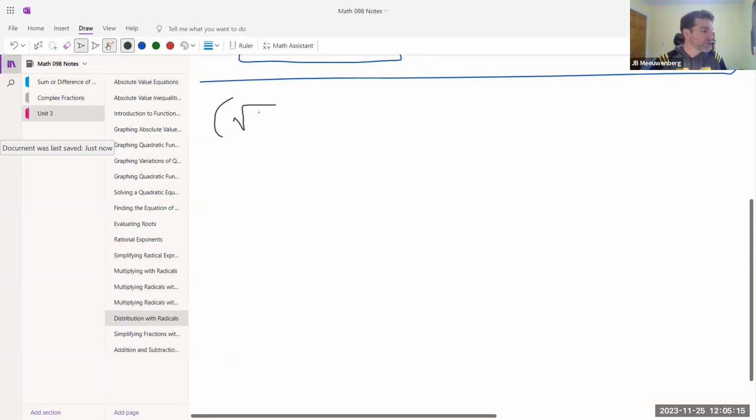Let's go square root of 6 plus the square root of 2 times the square root of 5 plus the square root of 2. So you might think of it as FOIL, you might think of it as binomial distribution, but both of these terms have to be distributed to both of these terms. So let's work through this.